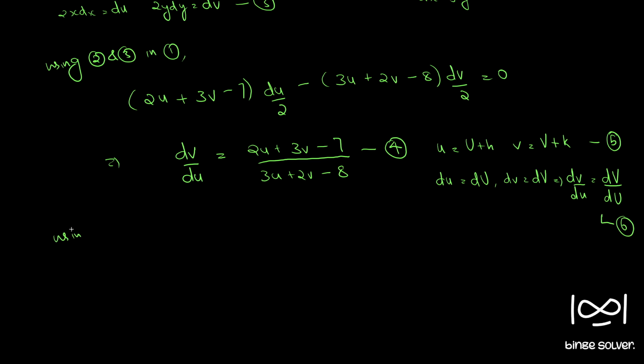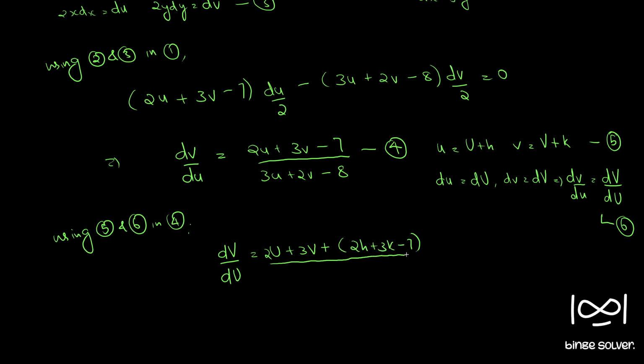So using 5 and 6 in 4, we have dV/dU = (2U + 3V + 2h + 3k − 7)/(3U + 2V + 3h + 2k − 8).